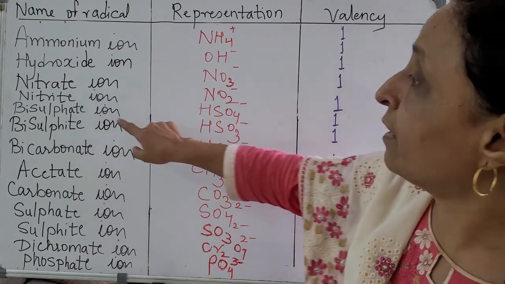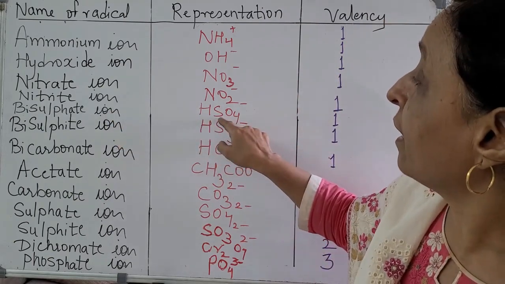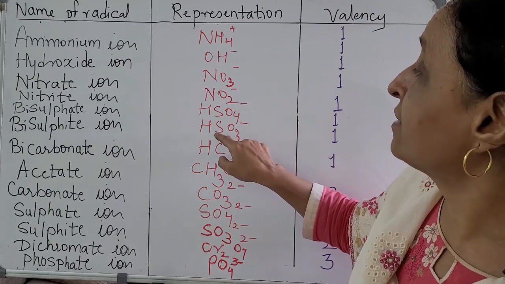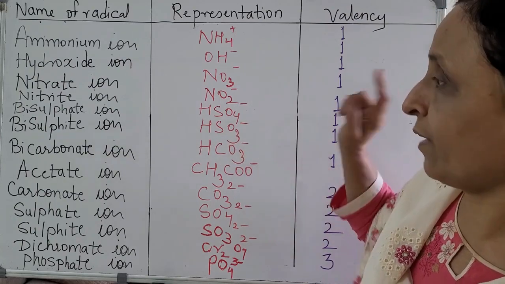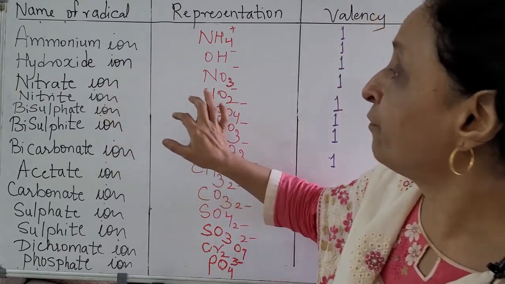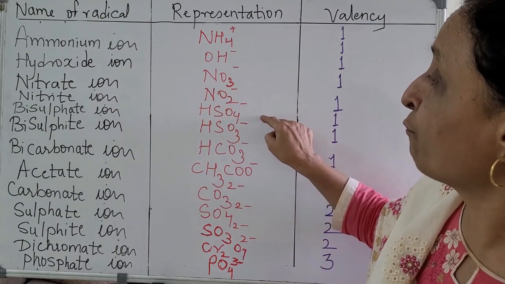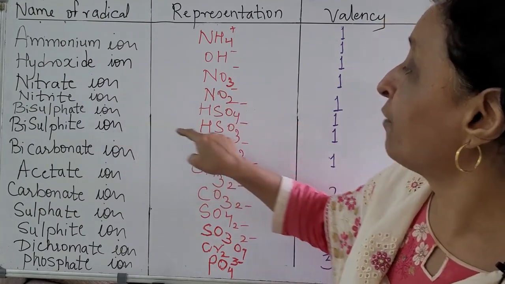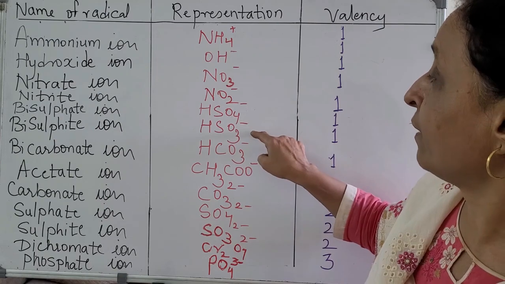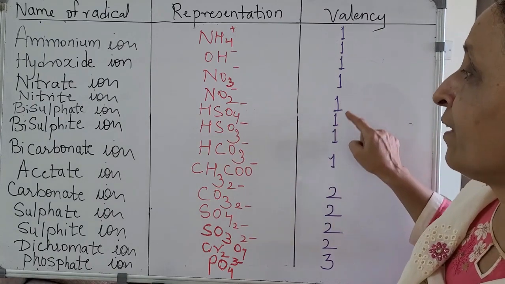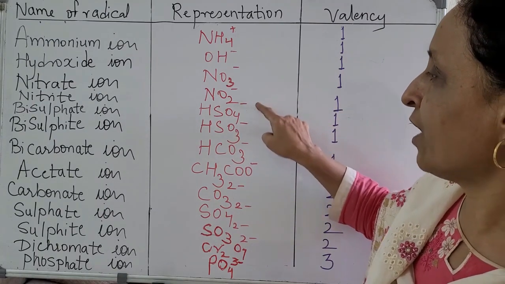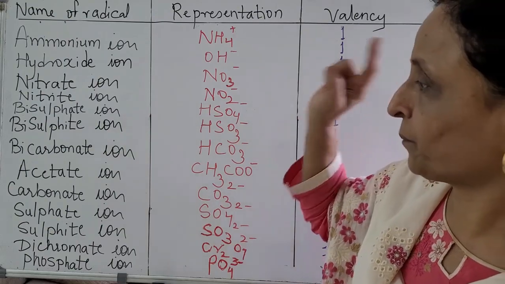Same way, here sulfate is SO4 and sulfite is SO3. So bisulfate HSO4 and bisulfite ion HSO3 negative. Valency is 1. So only 1 charge is present with both.